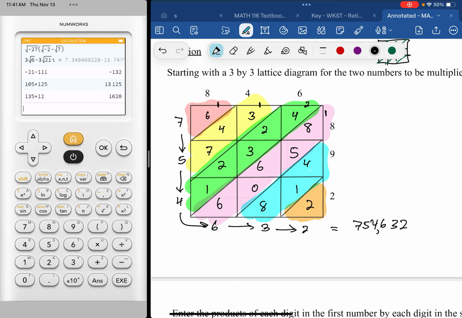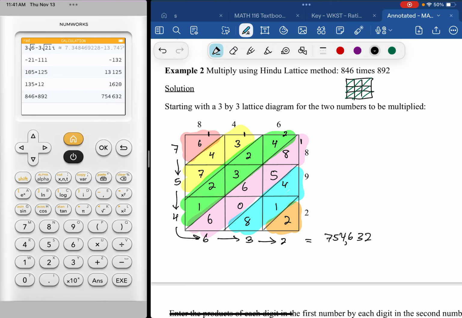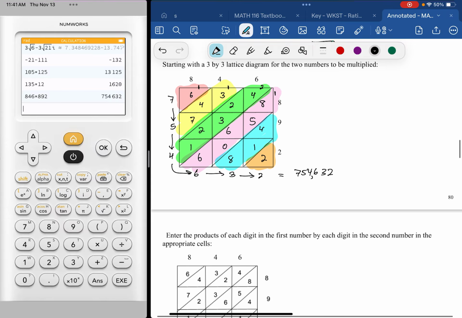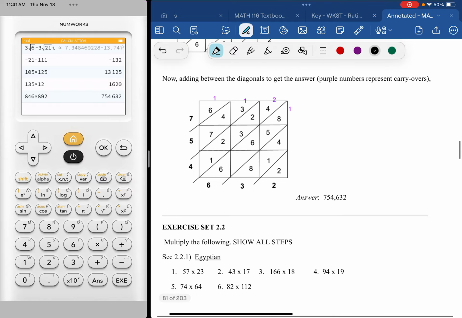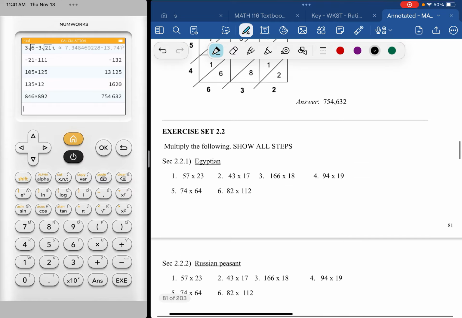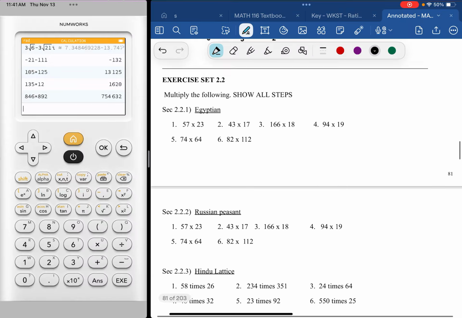So 754,632. Do a quick double check. 846 times 892. And there it is. Here's your complete solution. And now you should be ready to go for exercise set 2.2, which is your Egyptian, Russian peasant, and Hindu lattice.